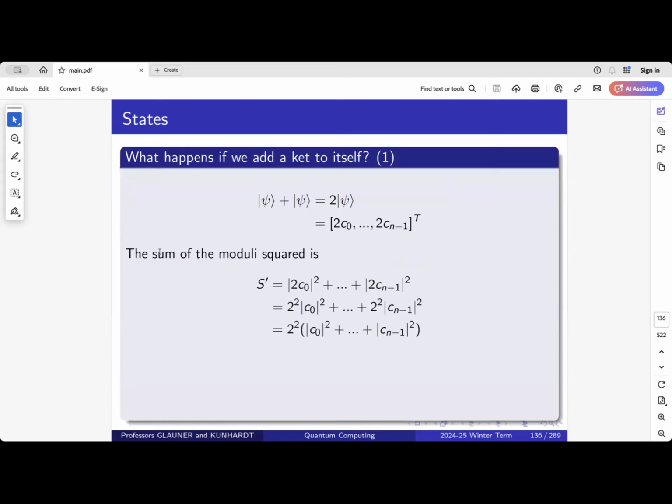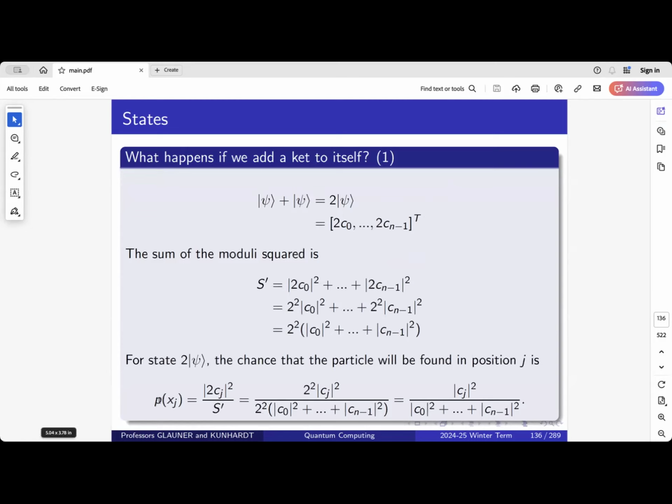And when you look at the sum of the modulus squared, you want to look at these probabilities, say you want to know after measurement, what's the probability the particle is found in position xj? You've seen before how we can calculate this. And the S prime here just refers to the sum of the modulus squared, which is just the length of the vector squared we have seen before. All of this will eventually you just be able to factor out and cancel out.